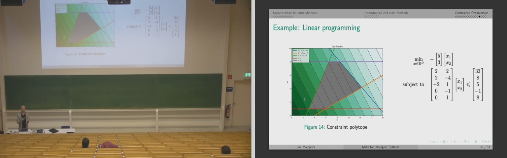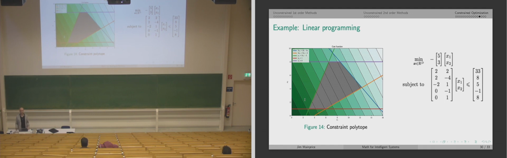You can use an interior point gradient method, where you define barrier functions to stay inside the polytope, and then a gradient method drives you towards the minimum. But an older class of method is called the Simplex Method, where the key idea is to walk around these vertices.